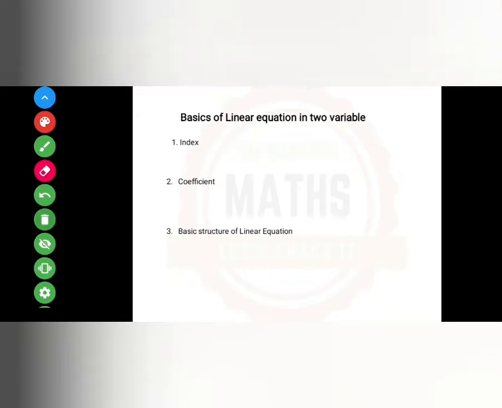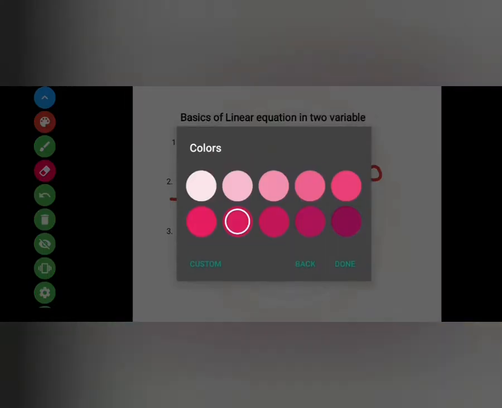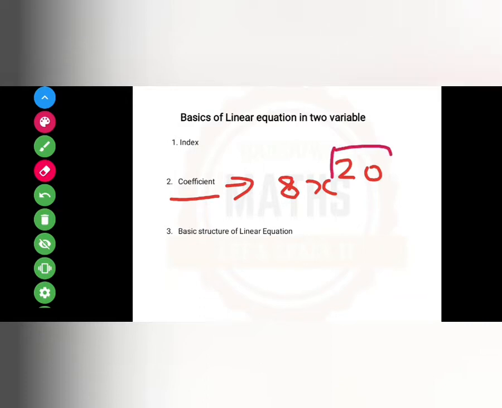Let's proceed to another topic, coefficient. So coefficient is linked to the variable. If I write 8x raised to 20, now it's easy here to understand that my index is 20.